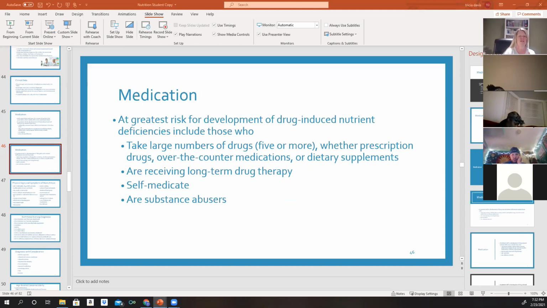Patients who are on certain long-term drug therapy, patients that are self-medicating, substance abusers. You'll see patients that come in that are addicted to prescription pain medicines, or maybe they're on heroin or cocaine. Their nutritional status is very, very poor. They go days and days and weeks without eating. I don't know how they survive sometimes, but their intake is terrible.